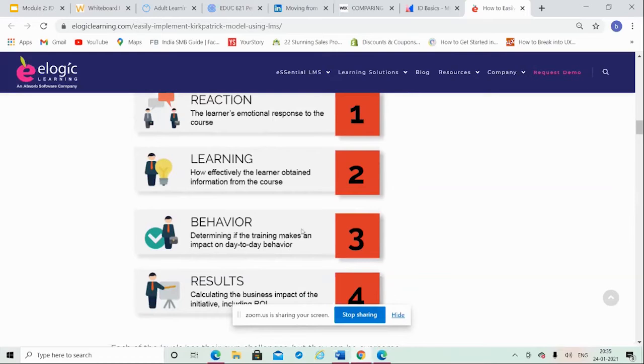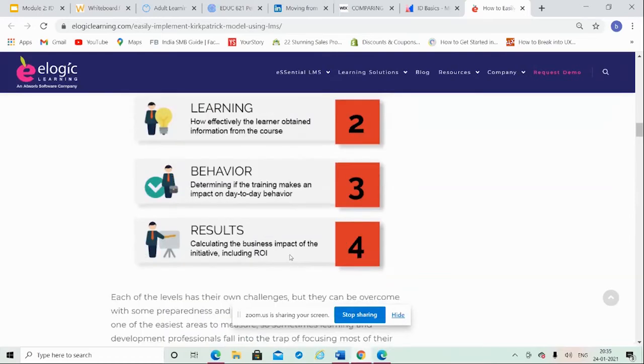And the results. This is the fourth and the last thing, the bigger picture. Like we did all the training, and did it impact my business? So it is more in terms of profit. Is my business going to profit by doing this training, spending so much on the budget, on developing the courses, making employees do the course, taking them out from their work?